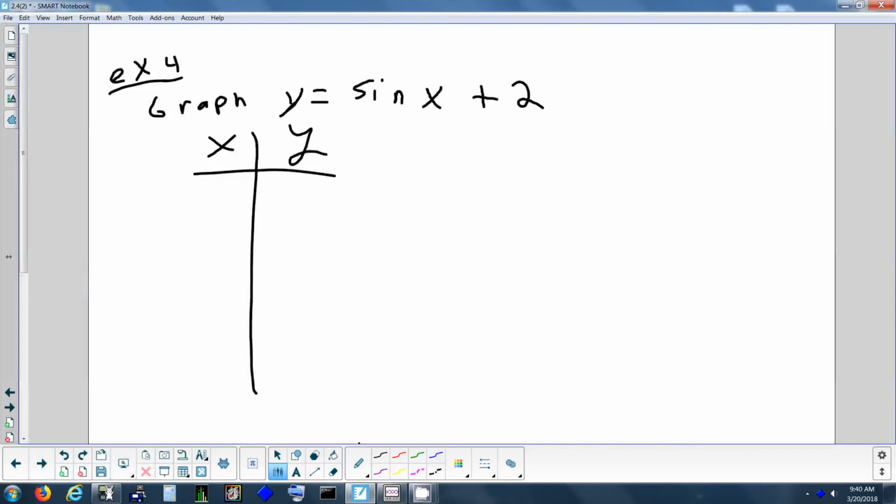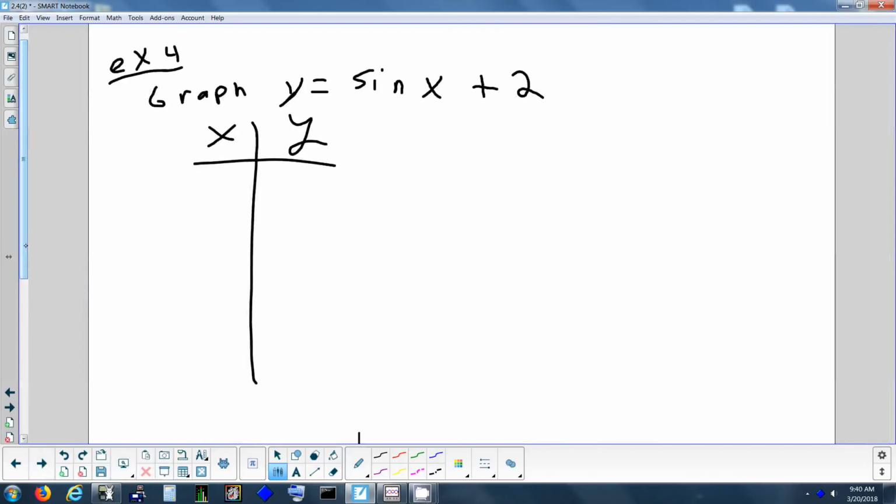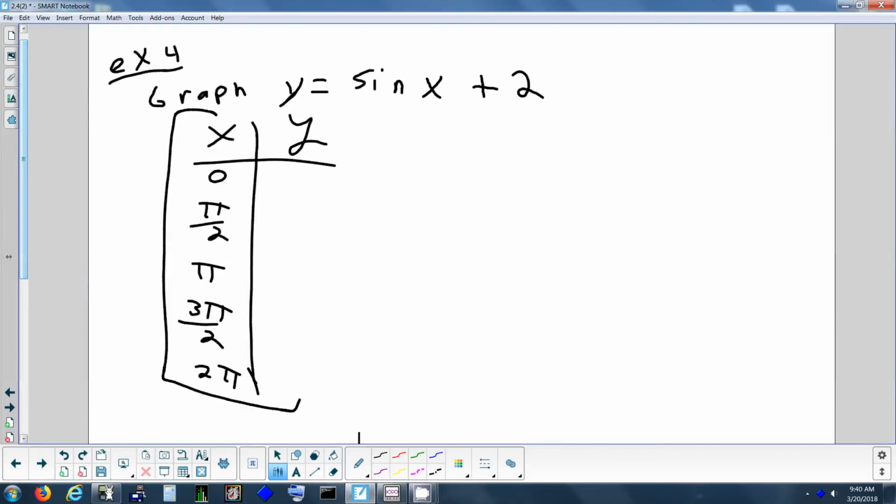Okay, so let's fill in our table. Vertical shift. Lauren, what values stay the same? The x's. Hopefully by now you're starting to memorize those basic x's. Okay, my y's. Brady, what are my y's for sine? Just the originals. 0, 1, 0, -1, 0.